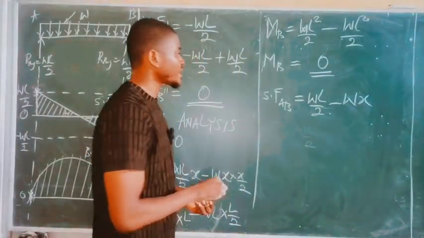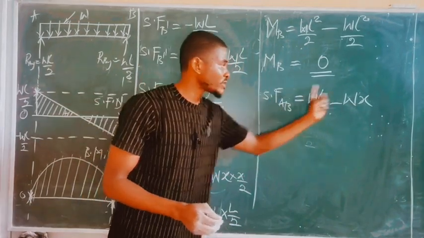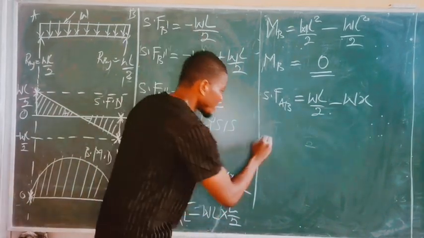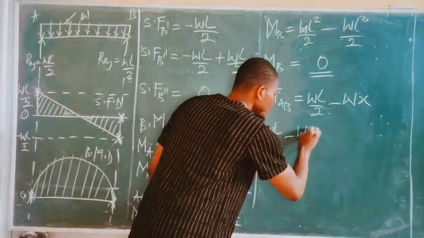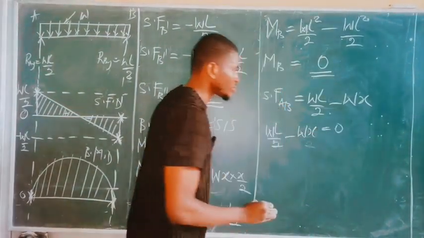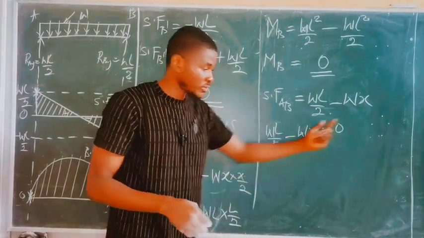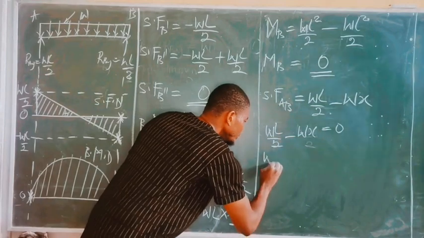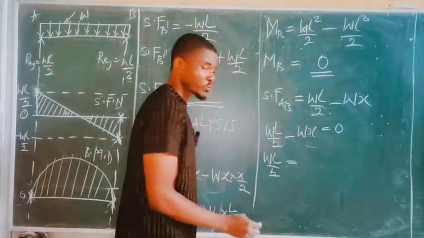I simply said at the point of maximum bending moment, shear force AB is equal to 0. So the whole of this value is equal to 0. We now have WL all over 2 minus WX is equal to 0. So all we need to do is send minus WX over to the other side of the equation. We simply have WL all over 2 equals WX, since the negative sign across the equal sign gives us positive.